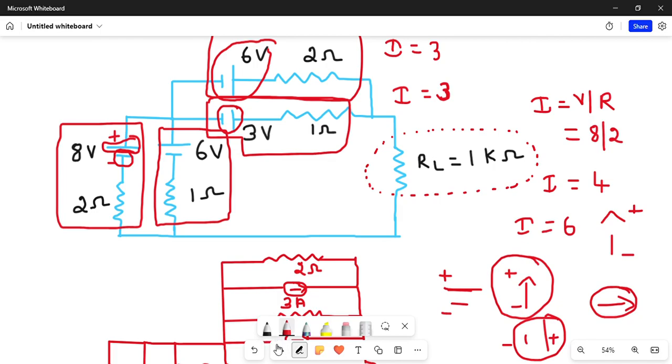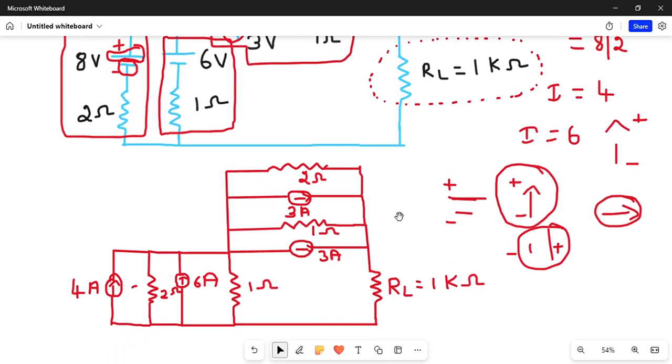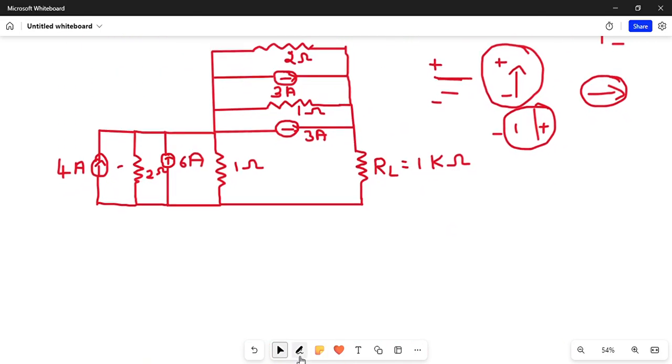So like that I drew my directions, and now what I'm supposed to do is apply the common rule. That is, if the two currents or two voltages are in series, I need to write it as the sum of the two currents or voltages. Now I can see that the currents are same. They are moving in the same direction.